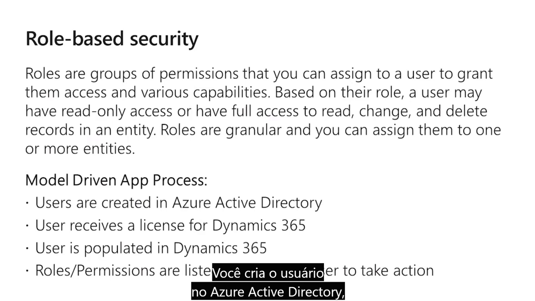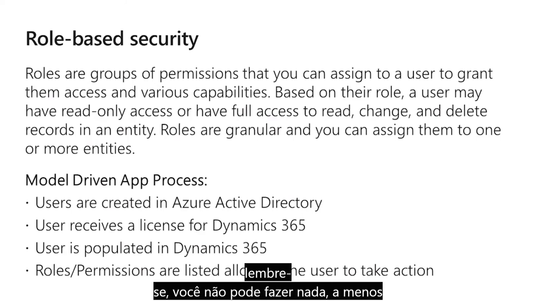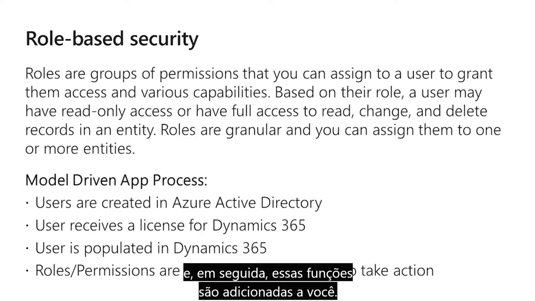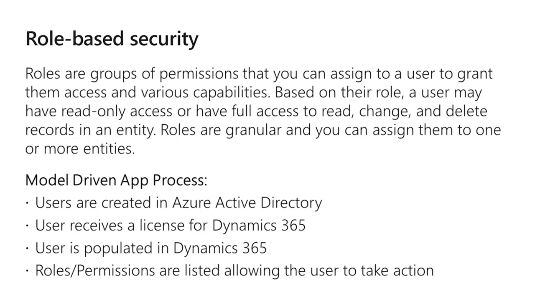You create the user in Azure Active Directory. They receive a license for Dynamics 365, because remember, you can't do anything unless you are assigned a business unit and have a security role. So you need a license for Dynamics 365. Once you've been populated, those roles get added to you so you can take action.